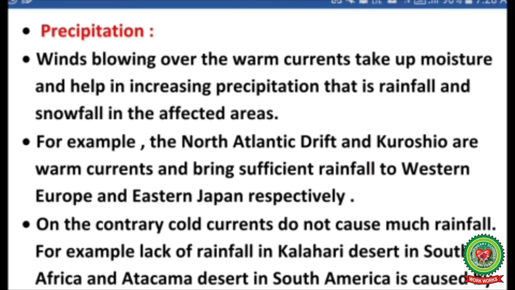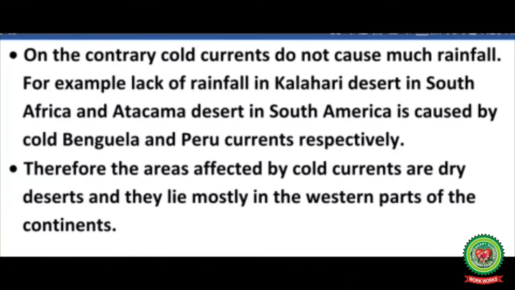On the contrary, cold currents do not cause much rainfall. For example, lack of rainfall in the Kalahari Desert in South Africa and the Atacama Desert in South America is caused by the cold Benguela Current and Peru Current respectively.